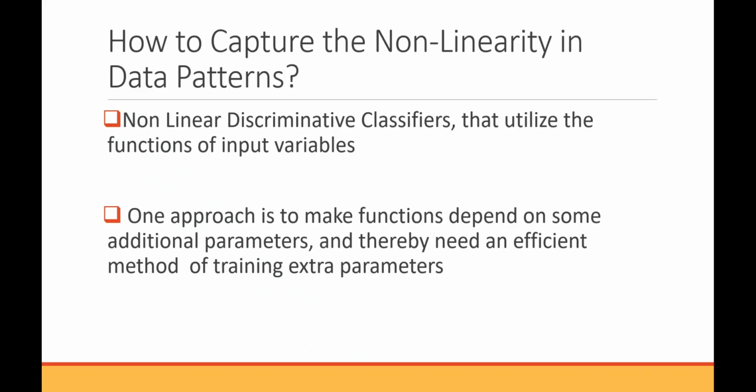Because now you have a more complicated learning architecture. You have multiple more additional parameters. So all that do not come free of cost. You have to remember that learning all those additional parameters will be expensive. Therefore, one of our primary challenges here is to propose an efficient learning strategy.